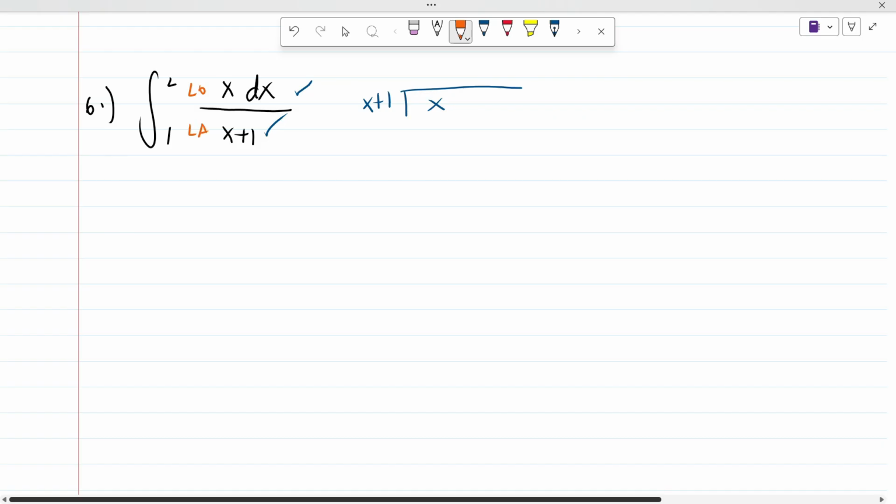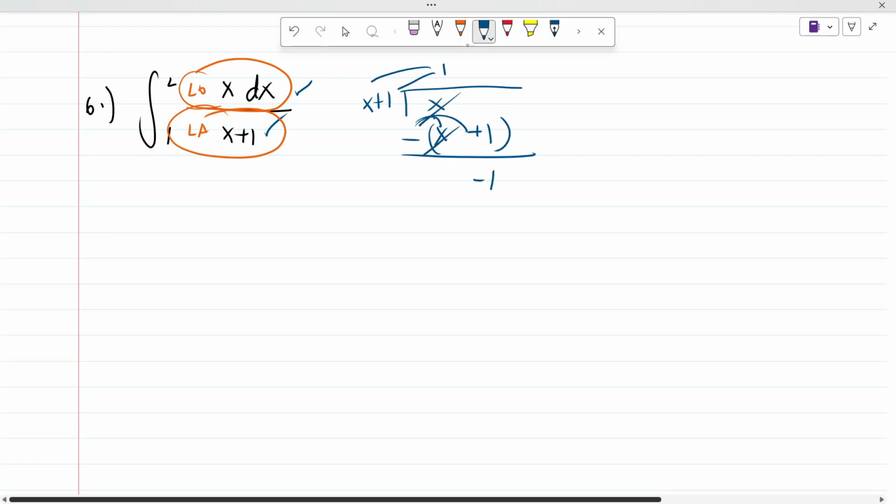Lola. Loob. Labas. Lola. Gets? Next. O, game. x divided by x, 1. 1 times x, x. 1 times 1, 1, minus. So, distribute lang, guys. Cancel, negative 1.